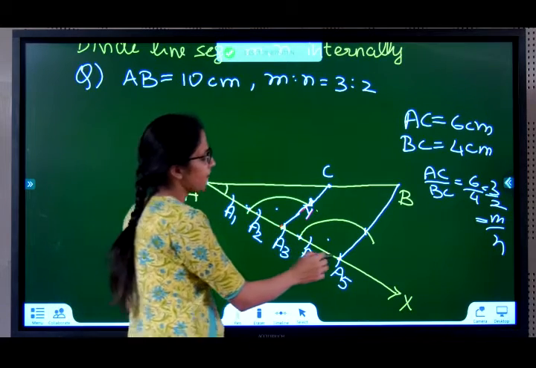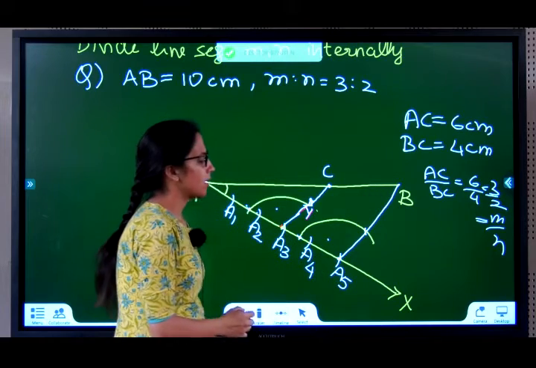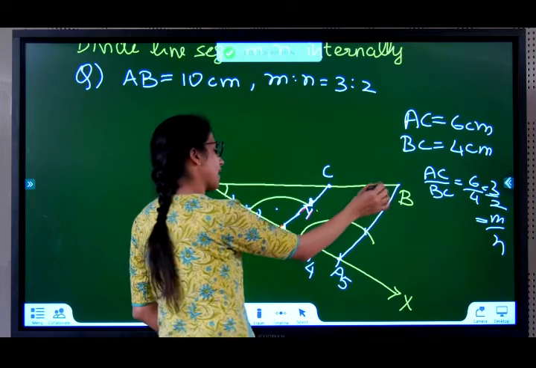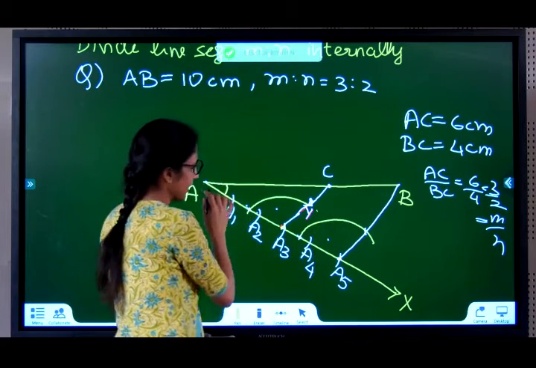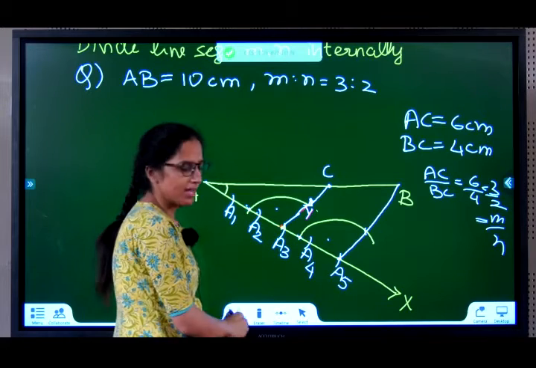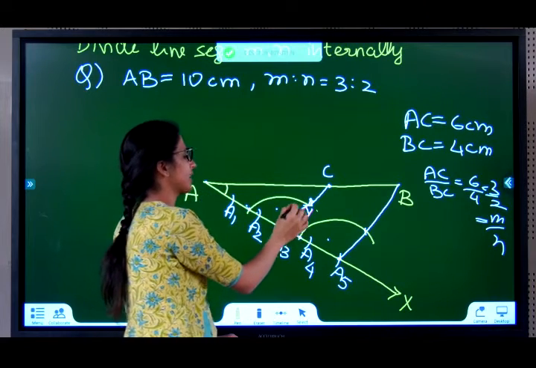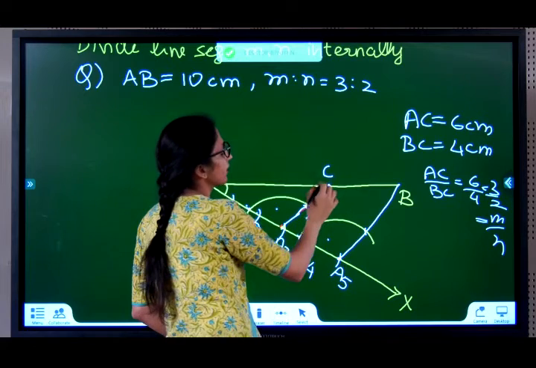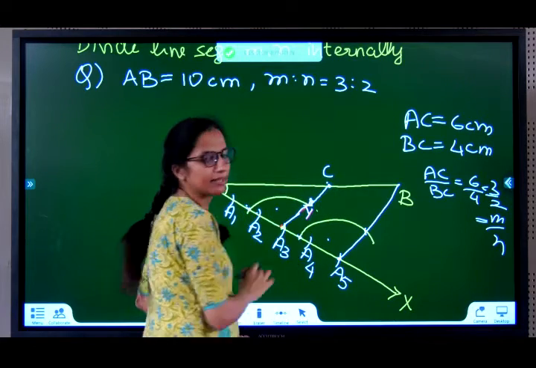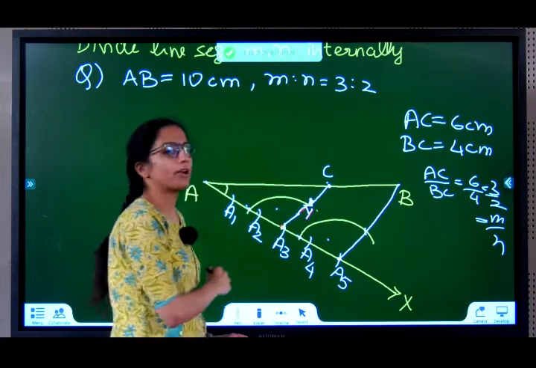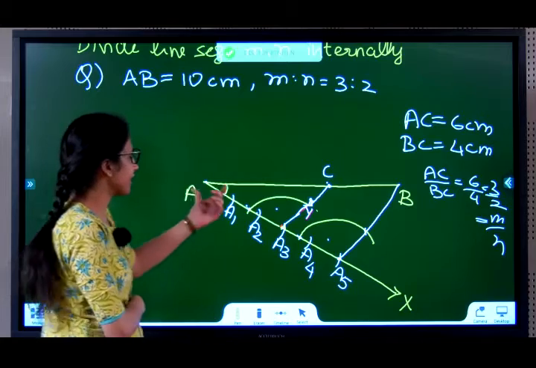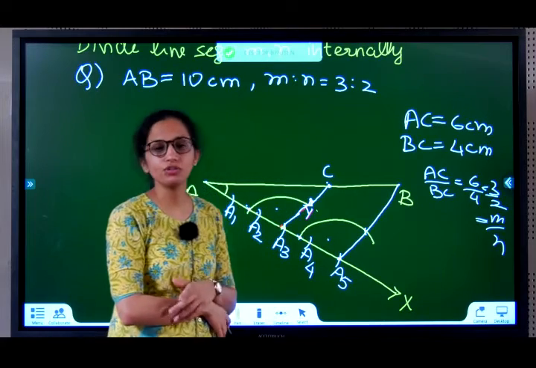Next, join A5 to B. Construct the same angle as BA5A at A3. Let the angle be Y, A3 and A. Extend A3 and Y so that it meets AB at C. Then C is the point of internal division and AC is to BC is 3:2.